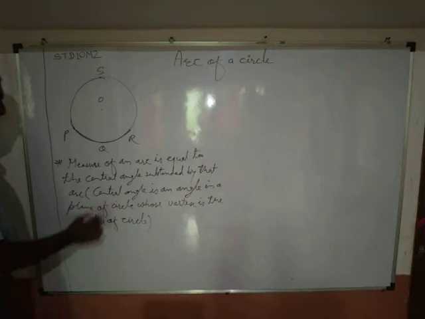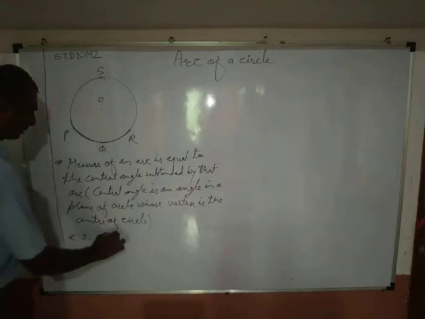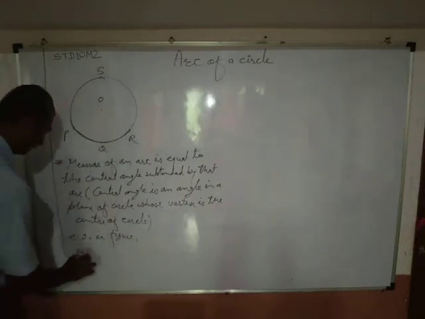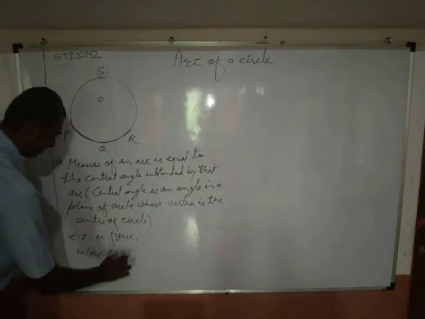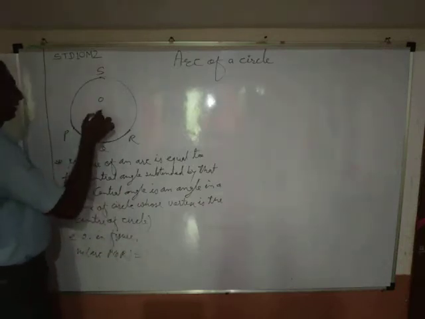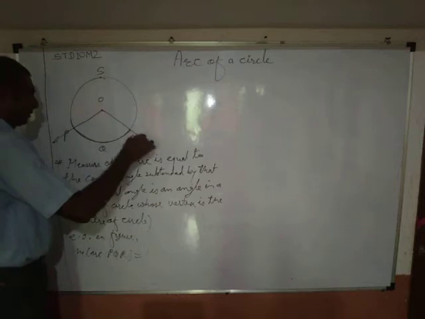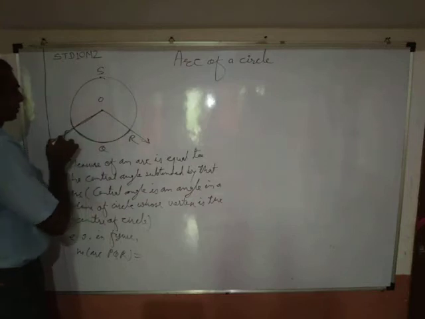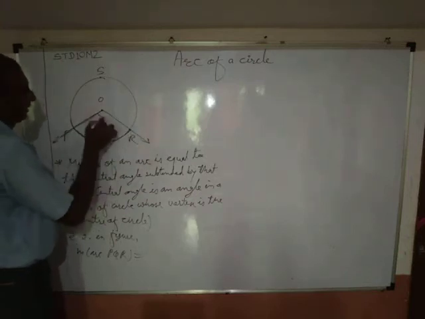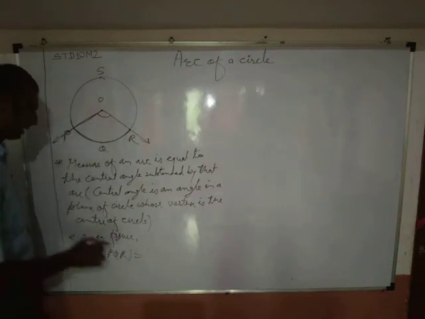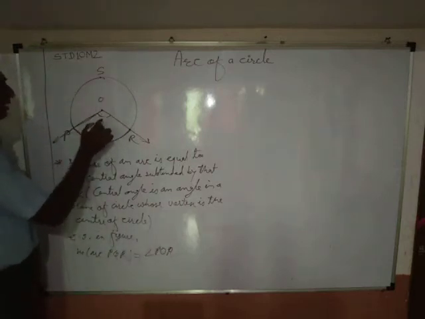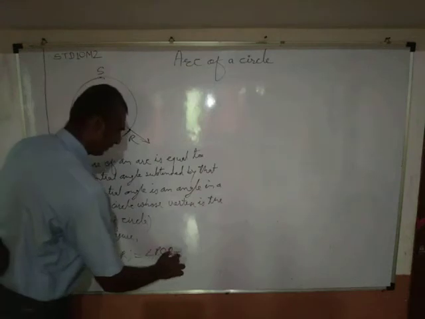Example, in figure, measure of arc PQR is equal to central subtended angle, means central subtended angle by that arc, means an angle whose vertex is at the center and arms pass through ends of that arc. This angle POR is measure of arc PQR. Let us suppose its measure is theta.